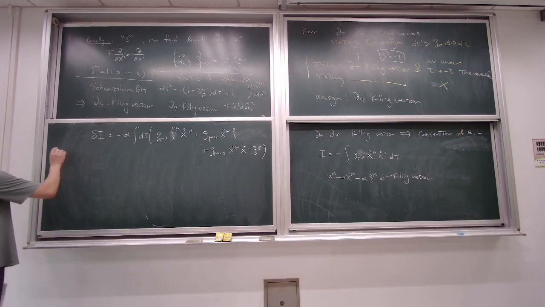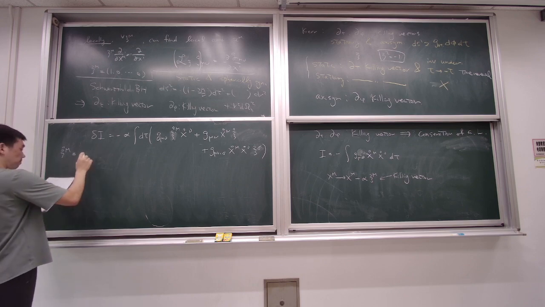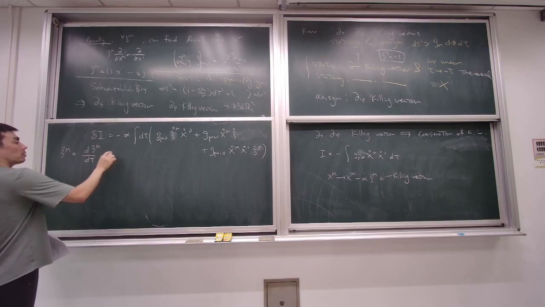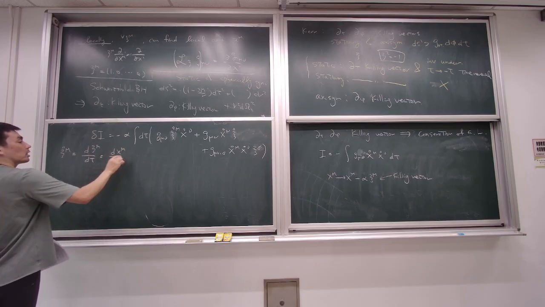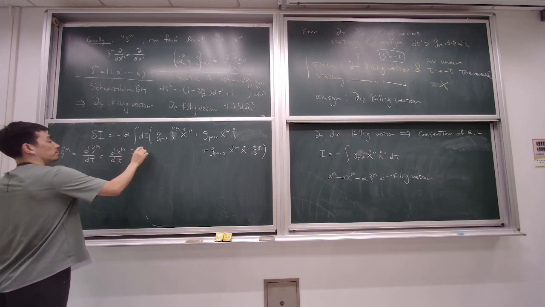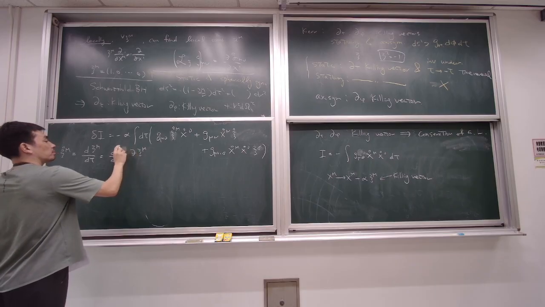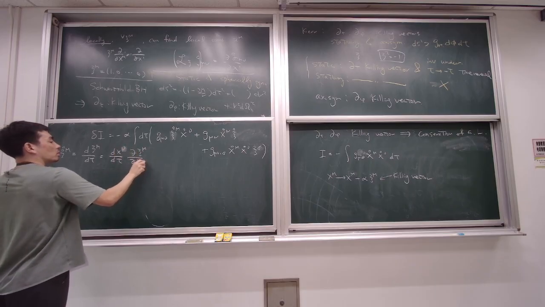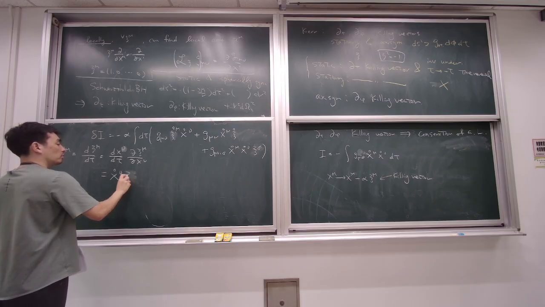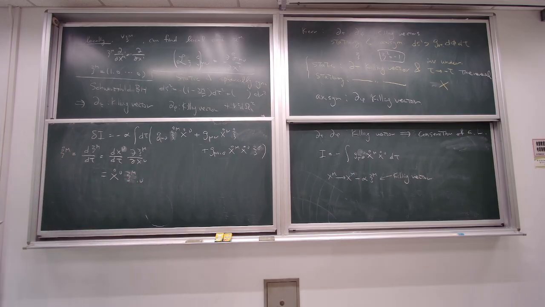Then we can just do the manipulation. For instance, xi dot mu is equal to dx mu d tau, but we can do this kind of trick, the chain rule. So therefore, this is x dot nu xi mu,nu.